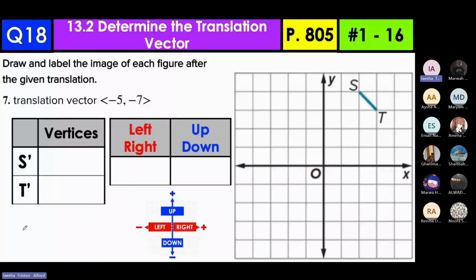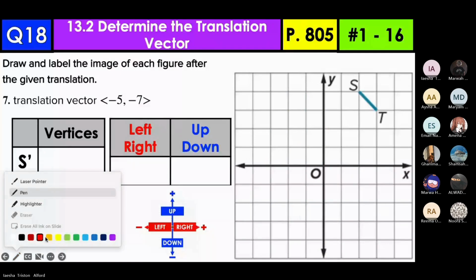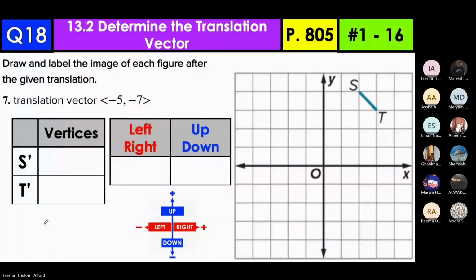Here's number 7. What's the vector? Where are you moving? Left 5 and down 7.